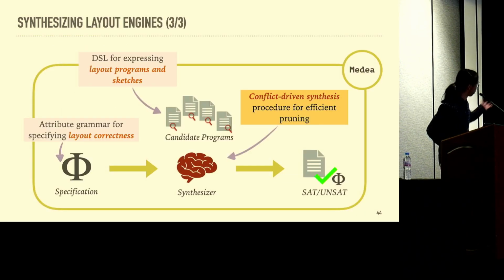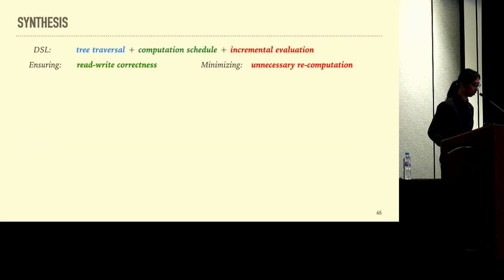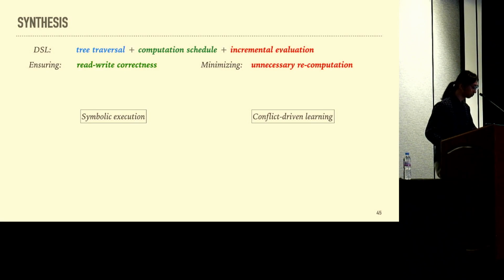So, given the synthesis problem, Medea uses a conflict-driven synthesis procedure to do efficient search. To ensure read-write correctness, Medea uses symbolic execution, and to minimize unnecessary recomputation, Medea uses conflict-driven learning inspired by conflict-driven SAT solvers. So the high-level architecture is as follows.